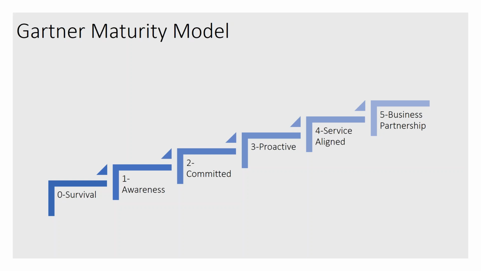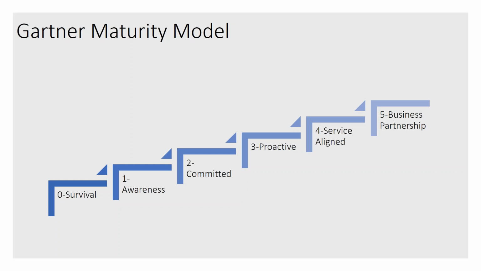3 is the proactive level. That's the point at which a proactive approach to IT is finally being taken. That can include things like an annual IT plan, IT budget, proactive maintenance of technology solutions, all of which fall into the proactive maturity level.